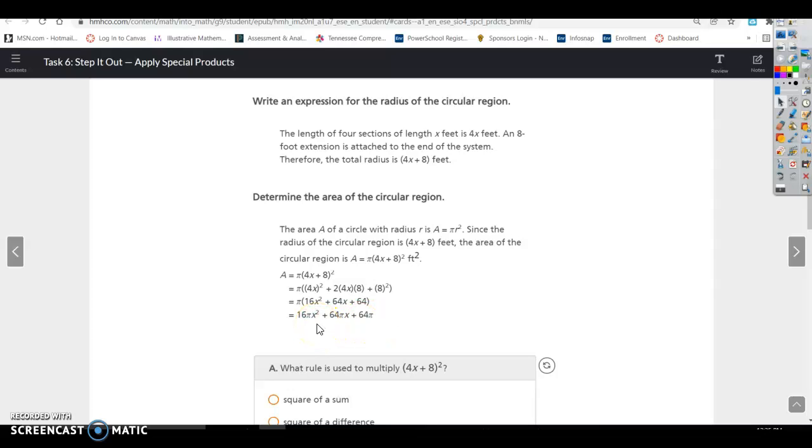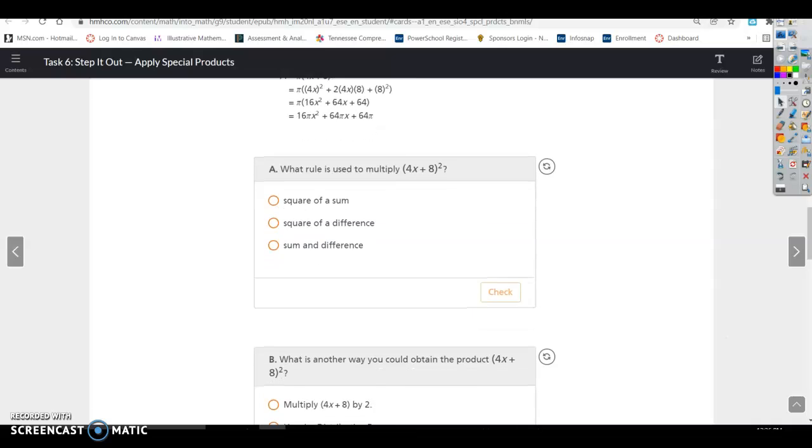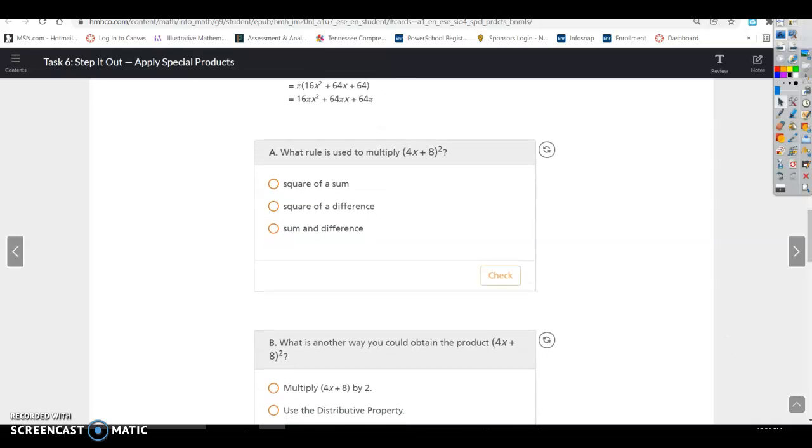Yes, pi is an irrational number, and you could actually take that number and multiply it by each number here. Sometimes they do that, and sometimes they just leave it in terms of pi, since pi is irrational. All right, so it says what rule is used to multiply this? So this was a square of a sum, which we've been looking at in this lesson.